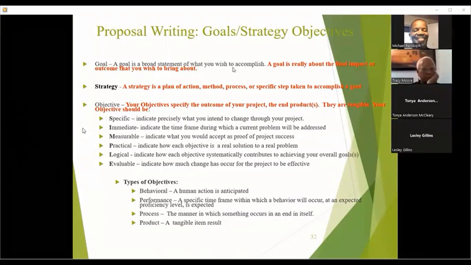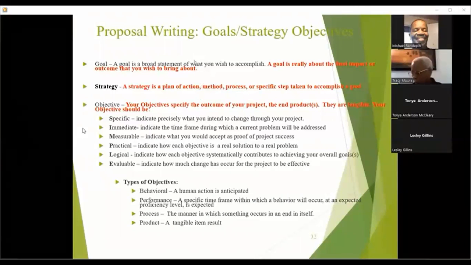In order to reach her goal, she has to put together a strategy. A strategy is a plan of action, a method, or a process on how you plan to bring about the goal.